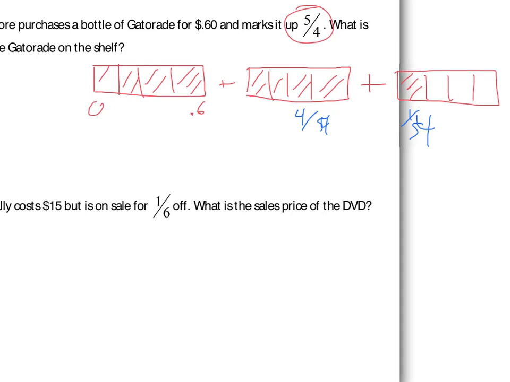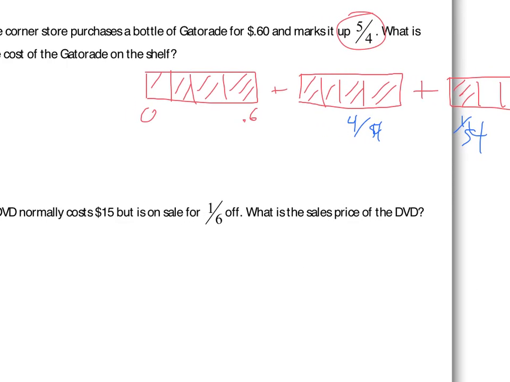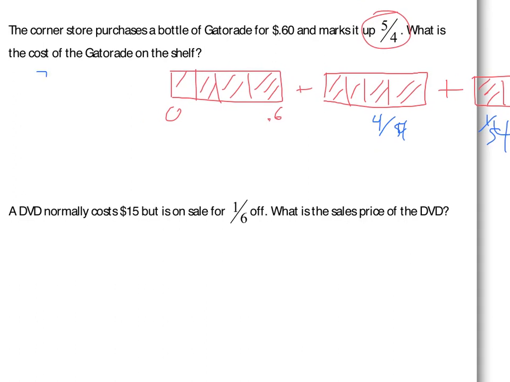That gives us a total of 9/4 of the original price. We do know the original price, so it's 0.6 times 9/4 that is going to be the value of that.